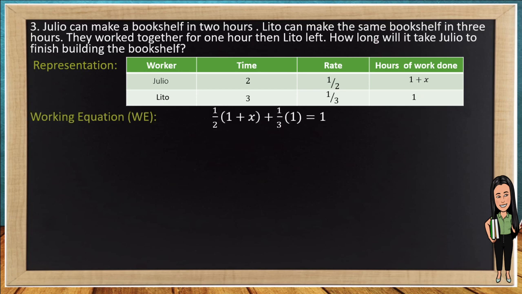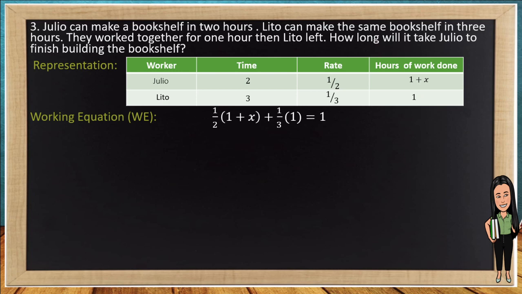Yun yung magiging equation natin. So, yung rate multiplied sa hours of work done plus yung second rate multiply sa hours of work done. Pag in-add natin yung rate nilang dalawa multiplied by the hours of work done by each individual, equal yon sa 1 complete work, which is building the shelf.